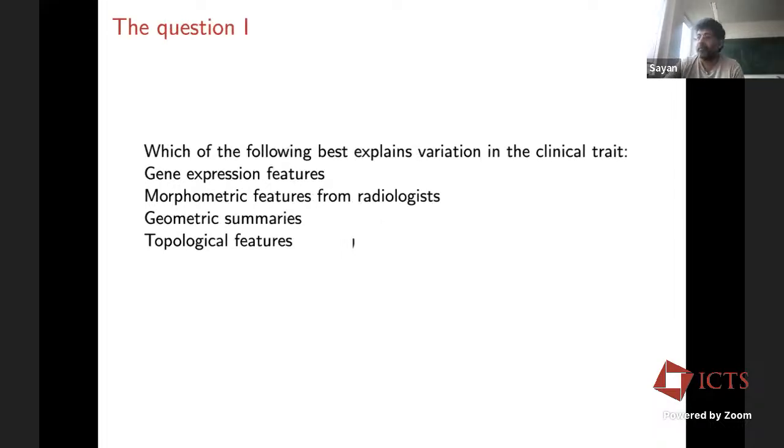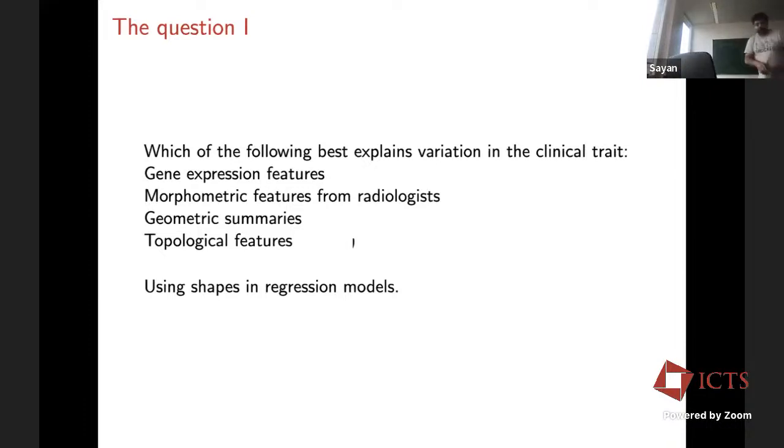And we're going to first ask one simple question, which is, which of these features explain the most variation? So we're using shapes in regression models to predict clinical outcomes. And this type of idea is something that's often called radiogenomics. So what we're really looking at here is an example of radiogenomics.